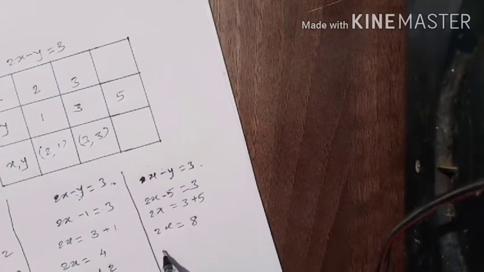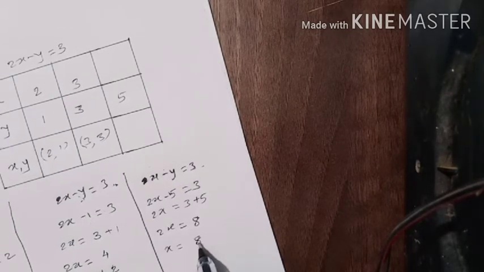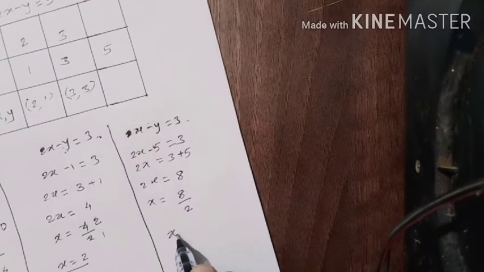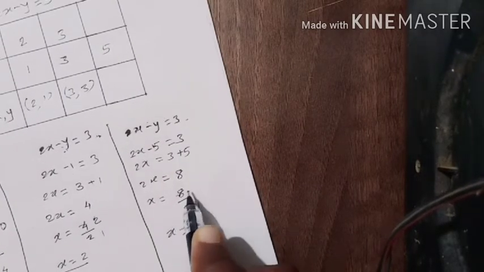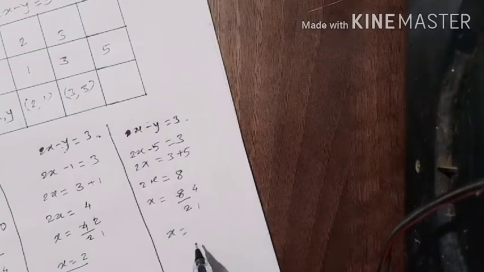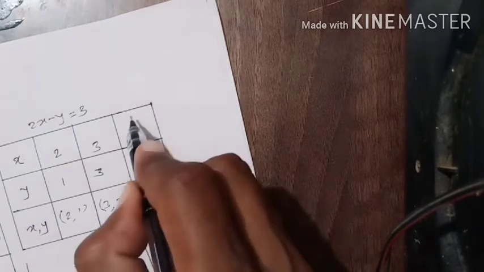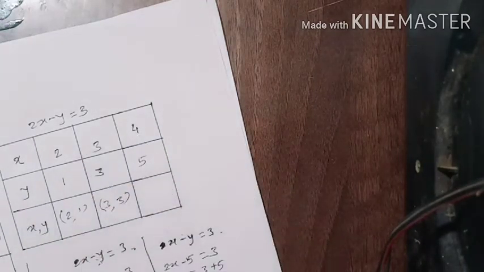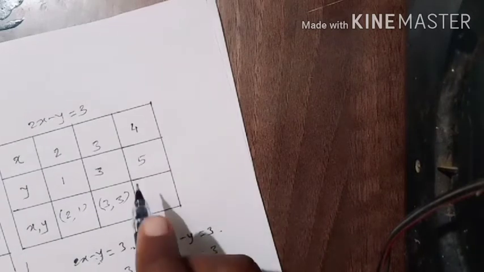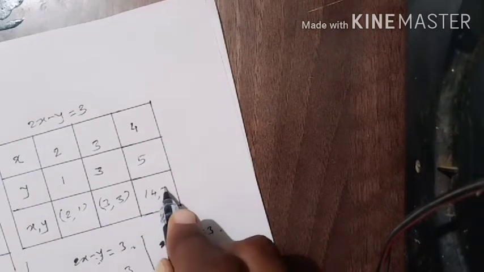Now x is equal to 8 by 2. Therefore, x is equal to 4, since 2 ones are 2 and 2 fours are 8. We will put the value of x in that box. Here, the value of x is 4 and the coordinate will be 4, 5.